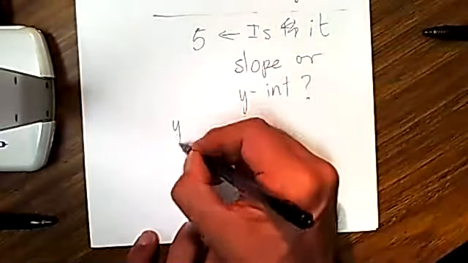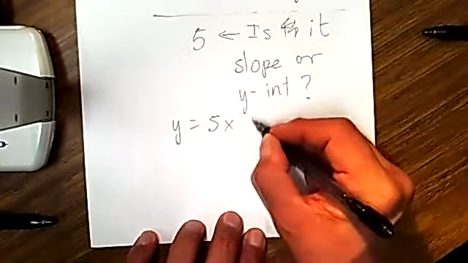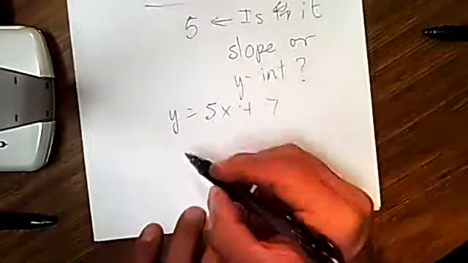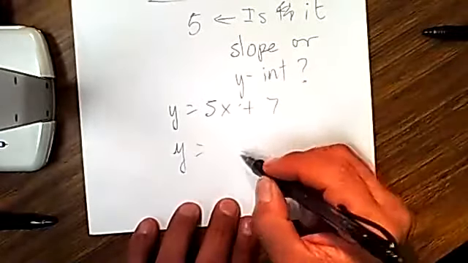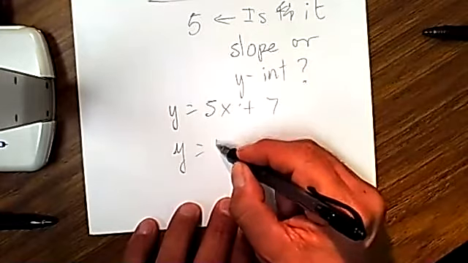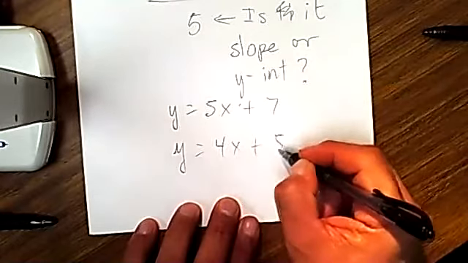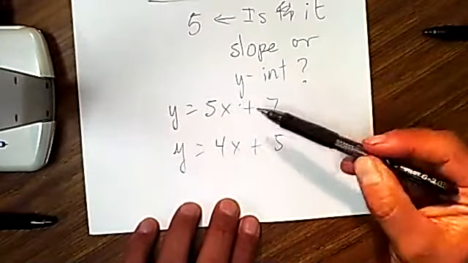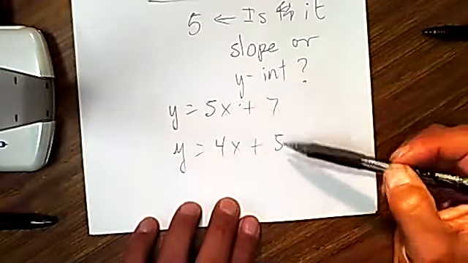So if we have y equals 5x plus 7, well, then the 5 represents a slope. But if you have y equals 4x plus 5, then the 5 represents a y-intercept. So without context, we cannot tell what the 5 represents.